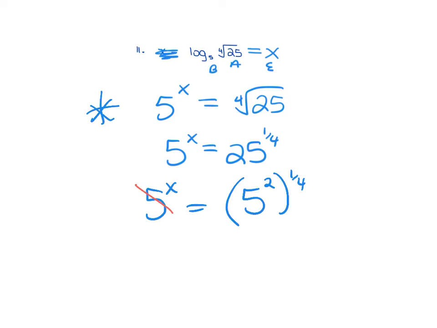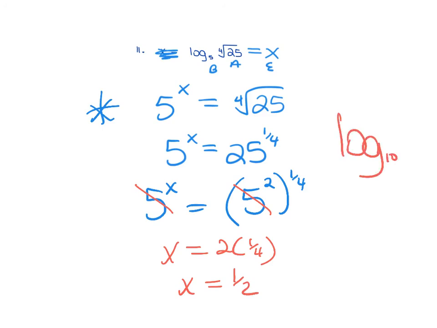Get rid of the bases. And x equals 2 times 1/4 or 1/2. Yes. Well, when you did this, log base 10 of 100. So the square root of 25 is like the 100, or the 4th root of 25. Does that make sense? So 100 just, okay.